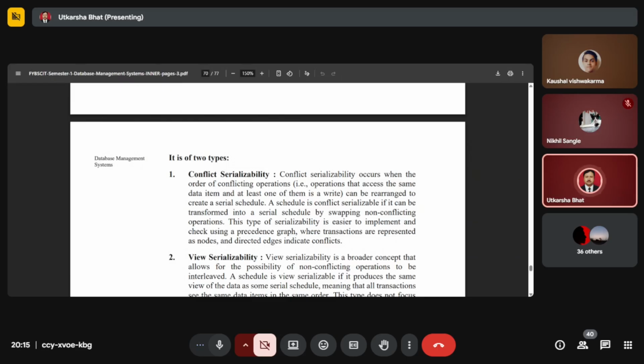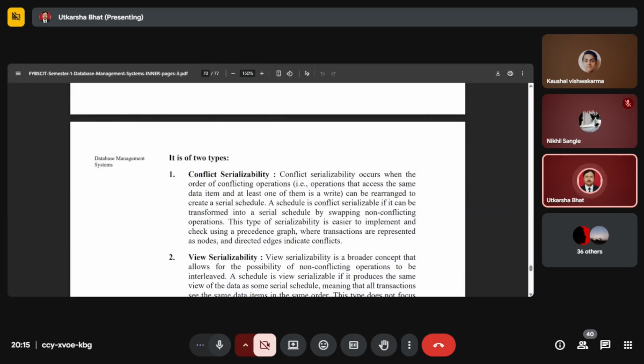Conflict serializability मतलब क्या? Conflict serializability occurs when the order of conflicting operations, that is, operations that access the same data item and at least one of them is a write, can be rearranged to create a serial schedule.